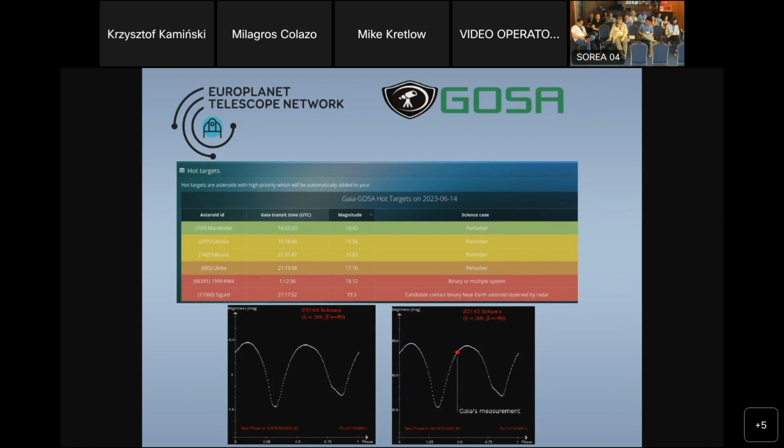Observations taken from the ground exactly at the same time as Gaia observed are particularly valuable, because from the ground we have differential light curves, while Gaia provides single points. So we can calibrate our ground-based measurements to the Gaia point. This way we get data calibrated to one photometric system, which is particularly valuable later in the spin and shape modeling.